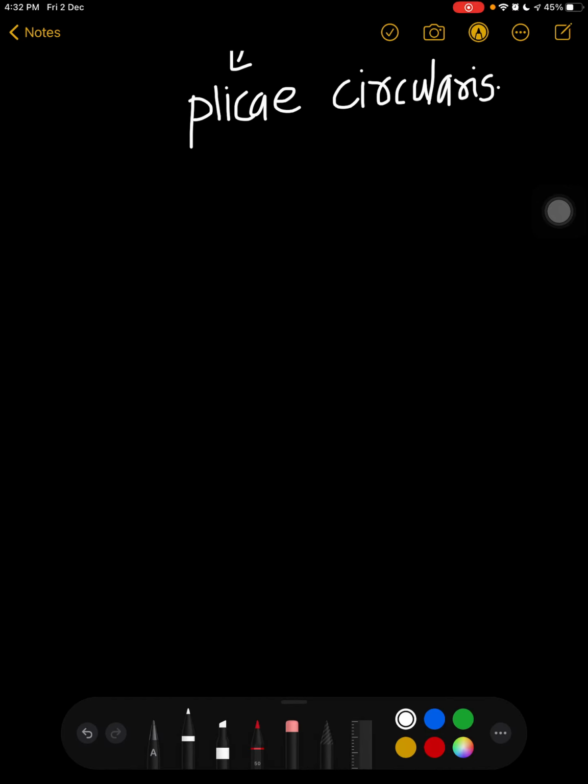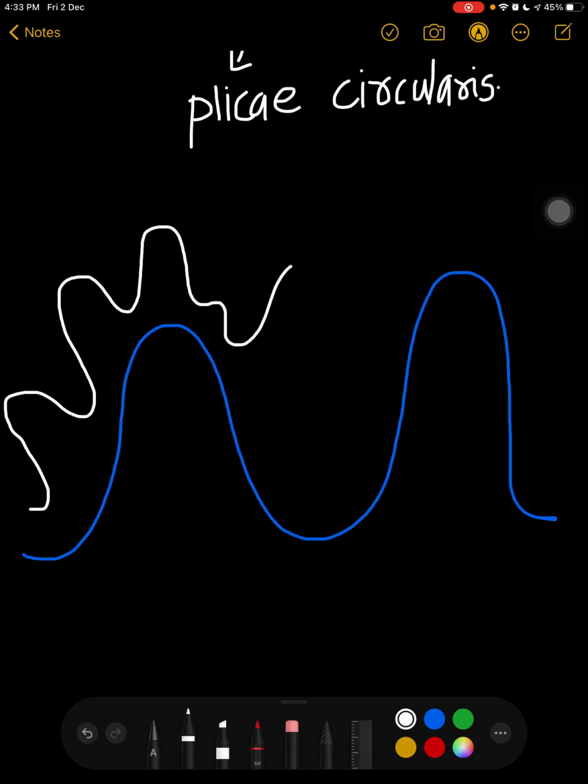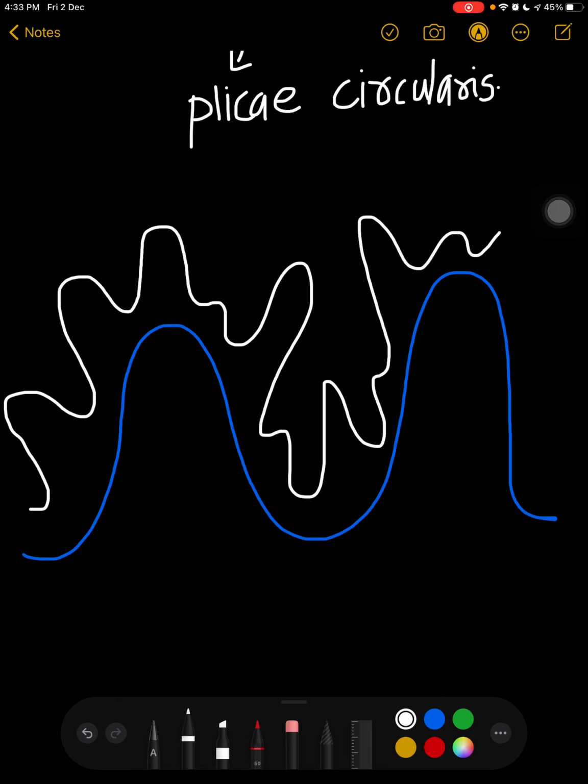Basically, this region is known as plicae circulares. There the mucous membrane is folded.